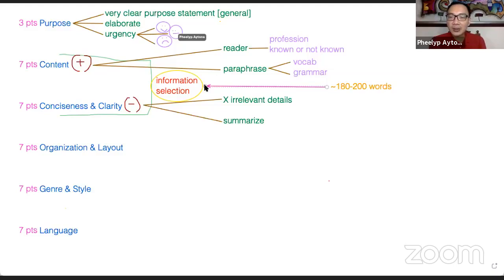Gary Sarmiento Leonardo. If you exceed more than 200 words, any deduction? Well, in the first place, do examiners count words? Remind me. Do examiners count words?